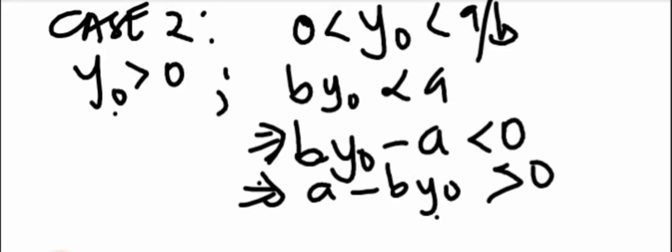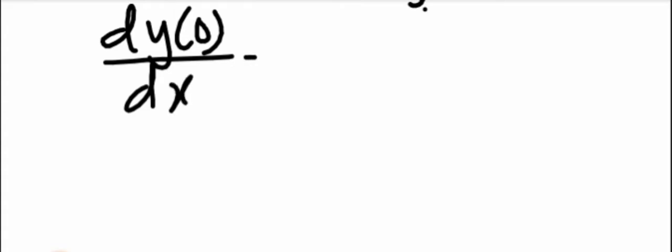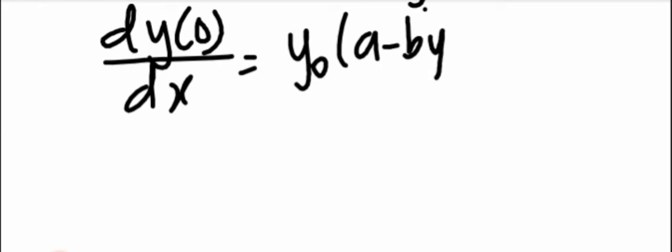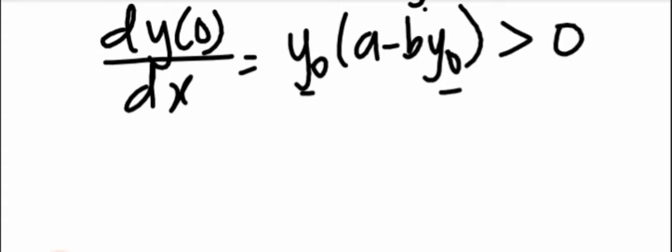So the curve passing through y naught in this case is going to be increasing. So dy by dx at 0 is equal to y naught times (a minus b y naught). This was the original equation, just that I'm taking it at a specific point. And this is bigger than 0, because this is bigger than 0 and this is bigger than 0.